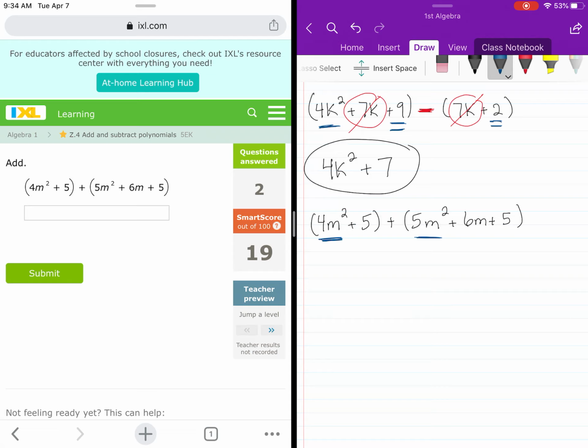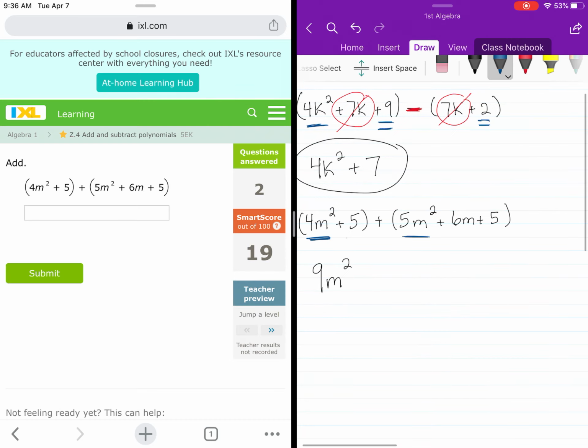So 4 plus 5, that is going to give us a total of 9m squared. Then the next term, we have the 5 with the other 5, the one that does not have the variable. So then when I add those, 5 plus 5, it's going to give me plus 10.